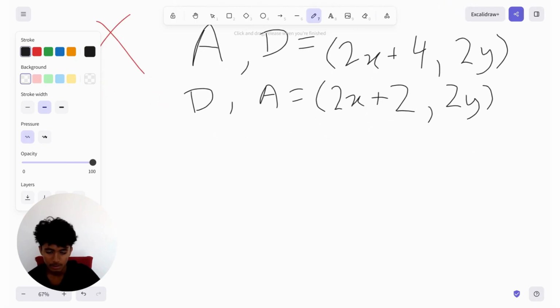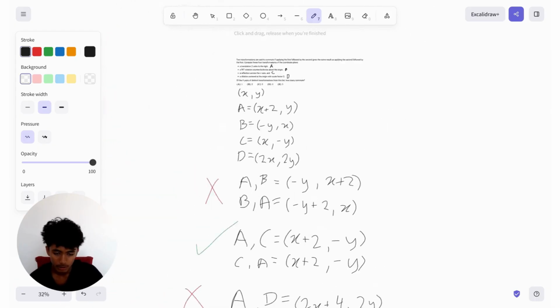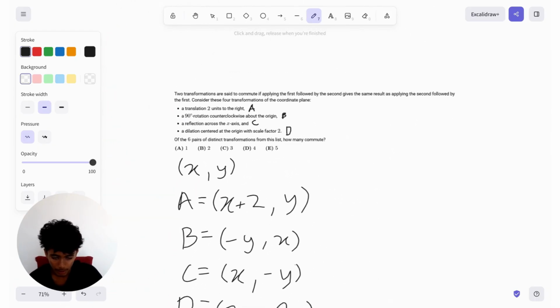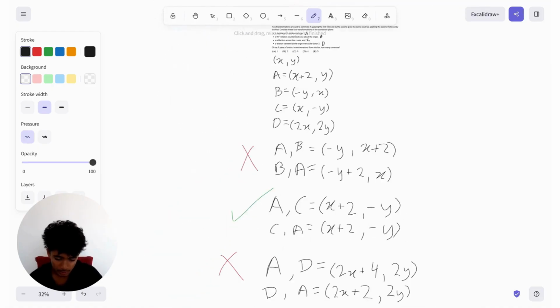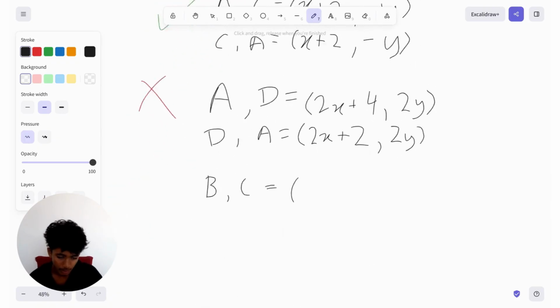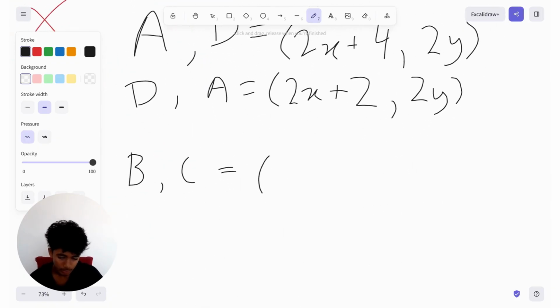Now let's test the next case, which is B and C. Let's remember that B is negative y comma x, and C is x comma negative y. So B and then C would just be negative y comma negative x.